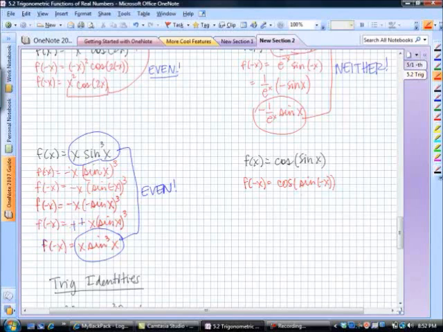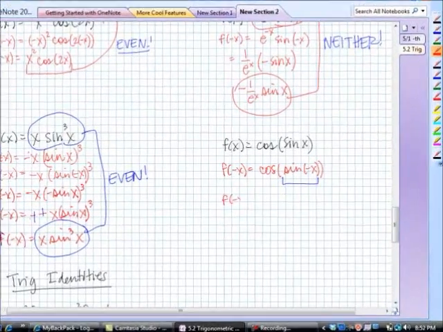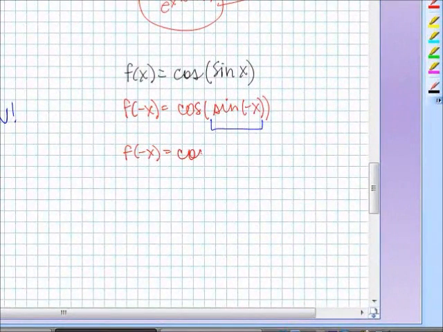Let's look at sine of negative x. Since sine is odd, the negative goes in front. So f of negative x is equal to cosine of negative sine x.